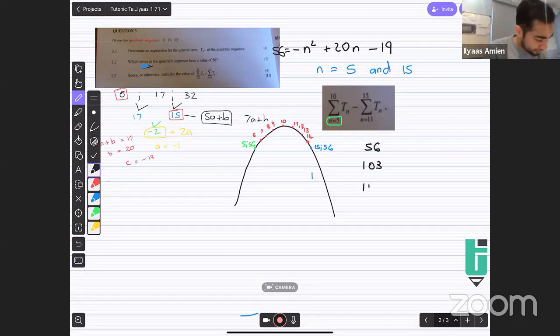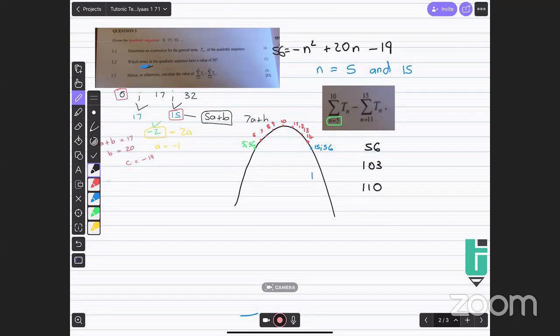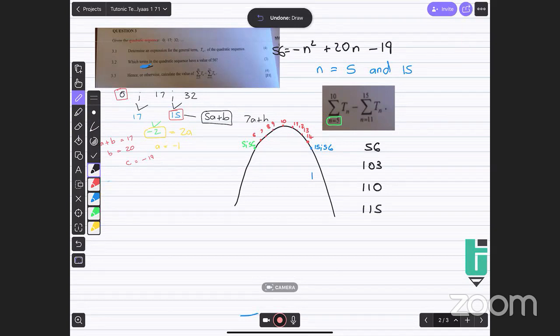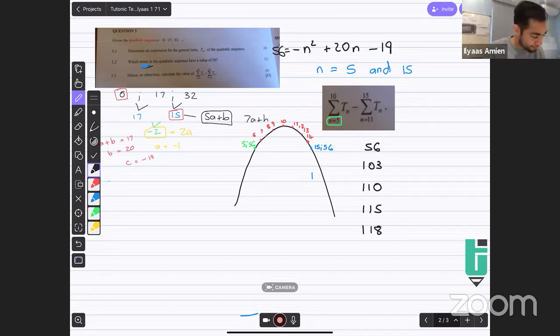Sub in 8. 115. Okay. 9. 118. And then 10. 119.